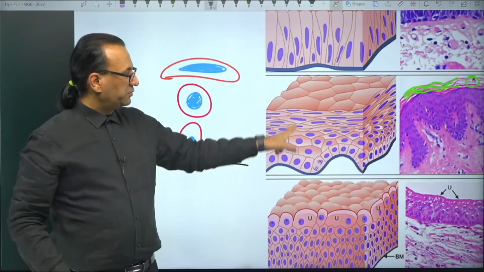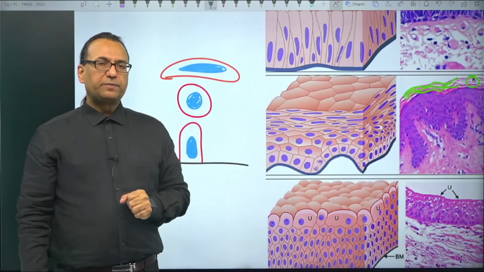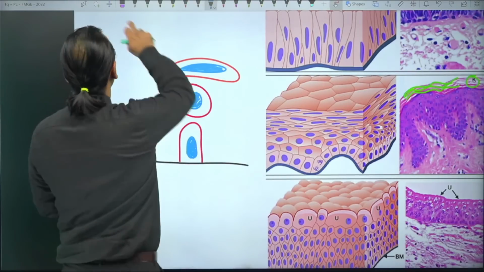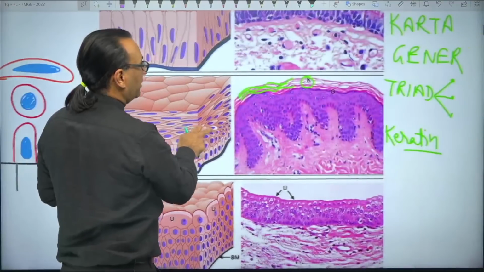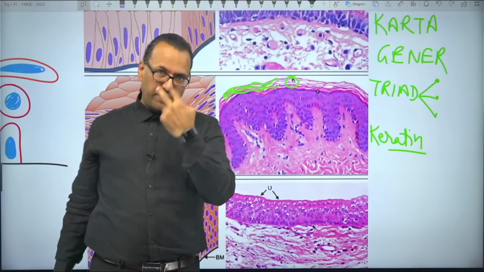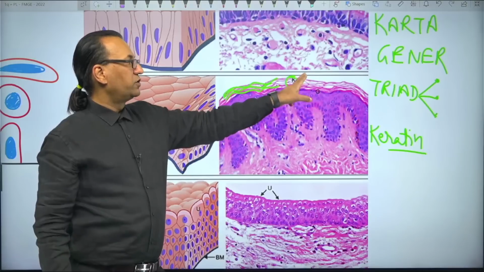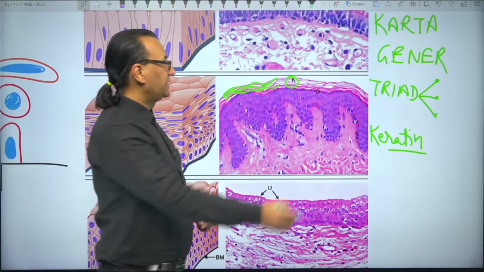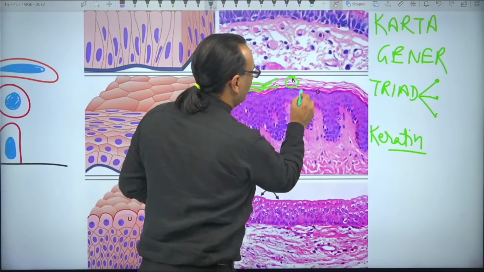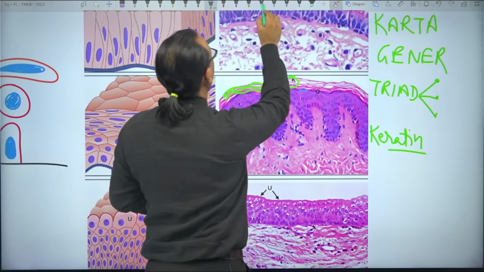And that is the arrangement you find here, stratified squamous epithelium. But the point here is, in such a diagram, your eyes must be trained to find whether it is keratinized or not. So it is keratinized because you can see keratin on these cells which are having the flat nucleus. Let me take the other color.